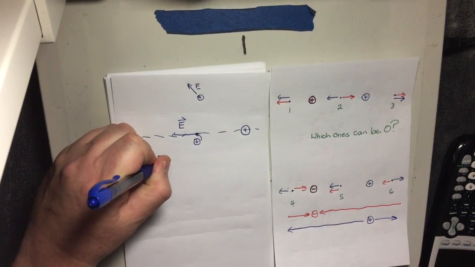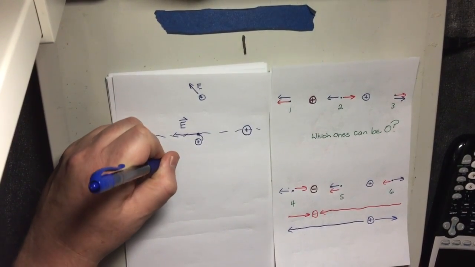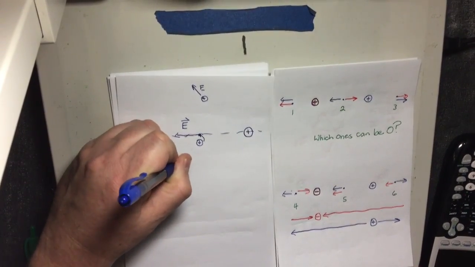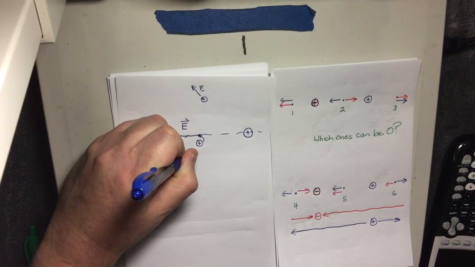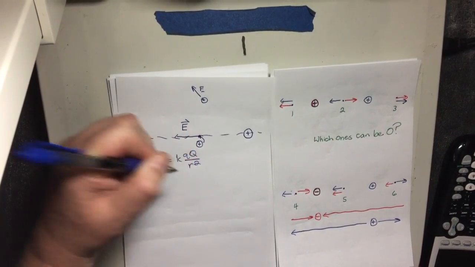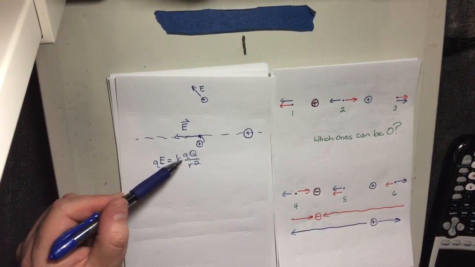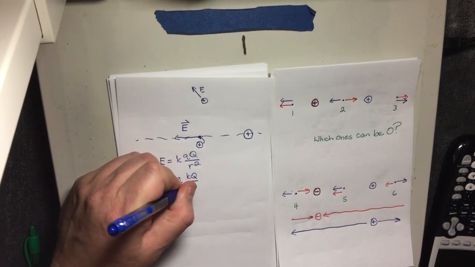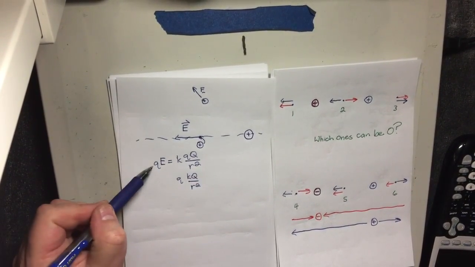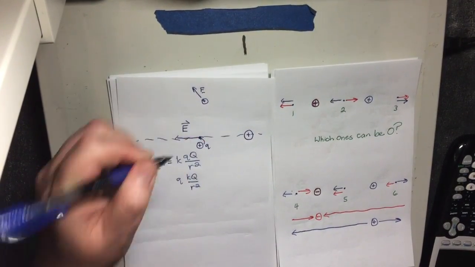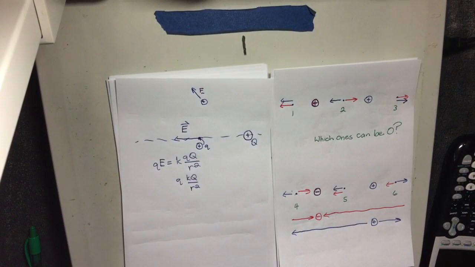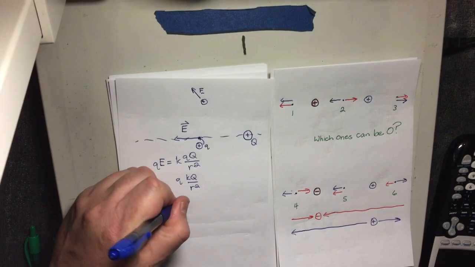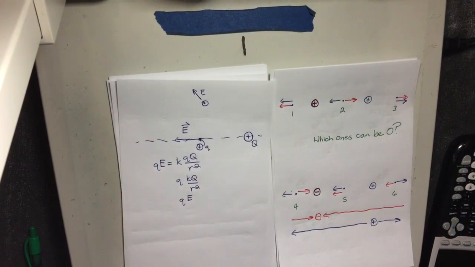The E field is related to Coulomb's law. Because if you took that charge that we're studying, let's say that was little q, and then this was big Q, we could factor out that little q, and we would get the electric field.